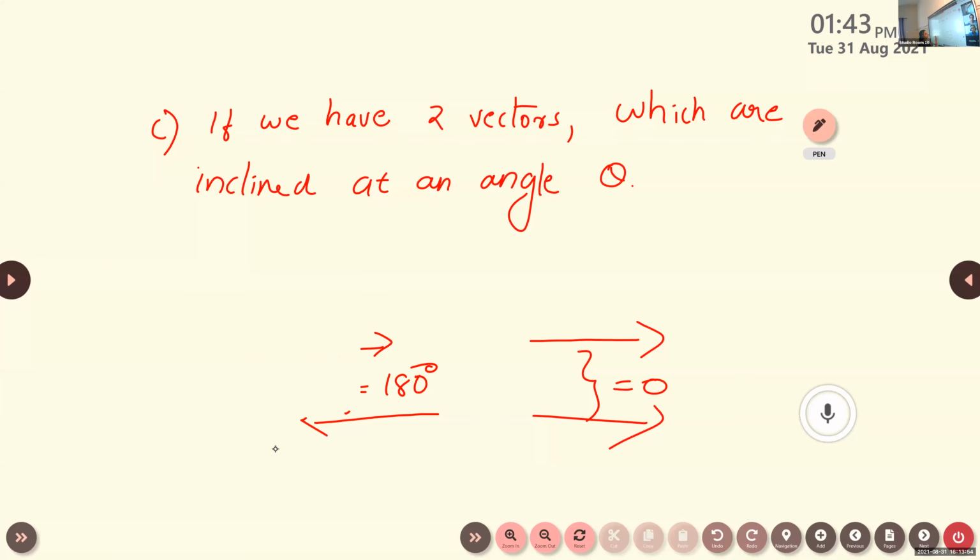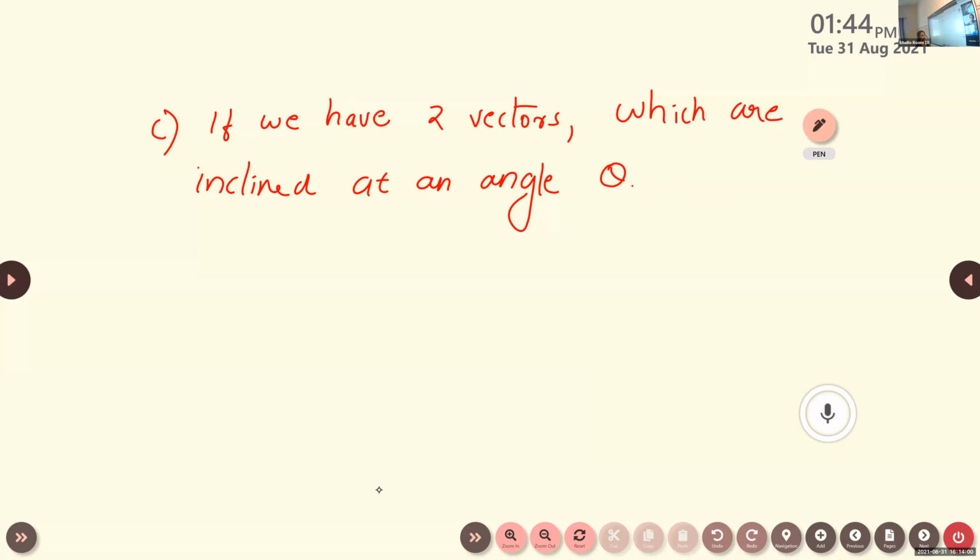Now we are discussing our third case. If we have two vectors inclined at an angle theta, and in this case, the angle theta is not equal to 0 degree and 180 degree.